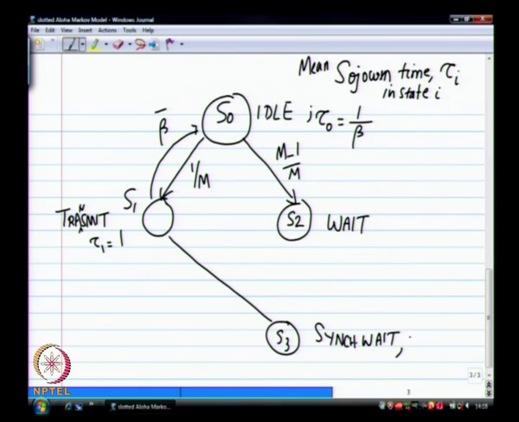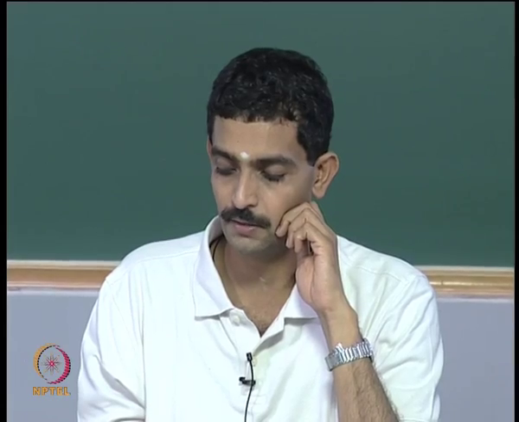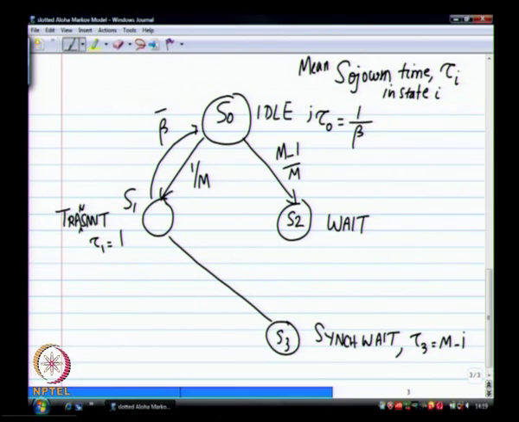S3. Okay, so in synchronous wait, a packet has arrived. Even from idle, yeah, we will come to that. So now if I just look at this sequence: packet comes, my slot, I send, another packet comes, I go to this full wait state, and the time for this one is m minus 1, right, because I have to wait m minus 1 slots for my slot to arrive, for my chance to arrive again.